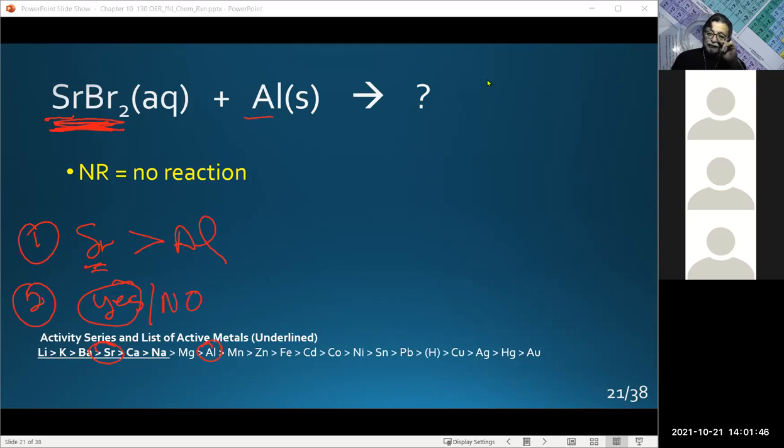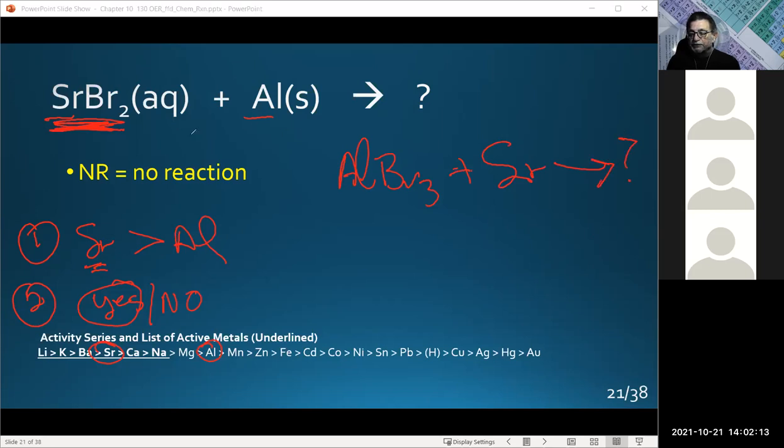Here's a little something for you. If the way it's written says no, guess what? The opposite process will react. So instead of strontium bromide, what if we had aluminum bromide plus strontium element?